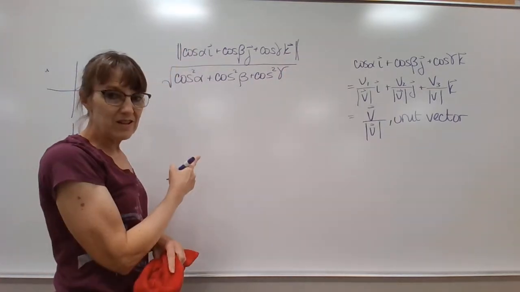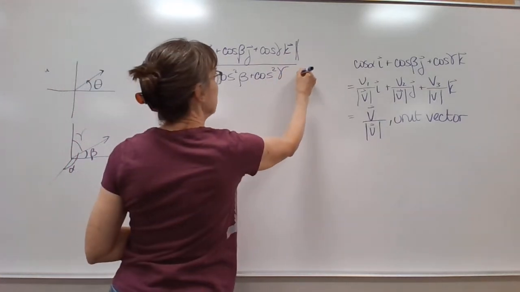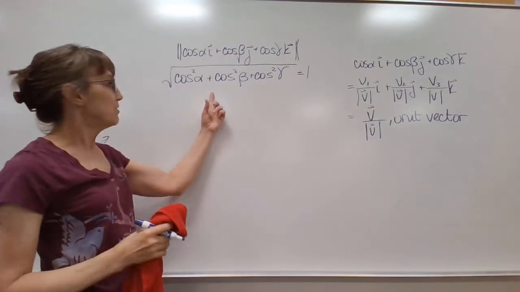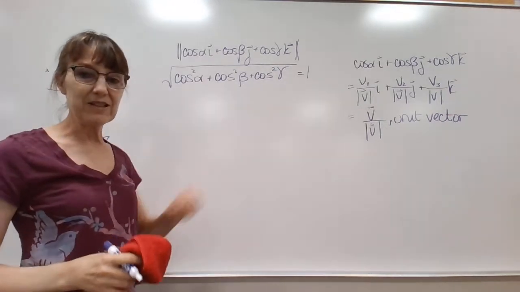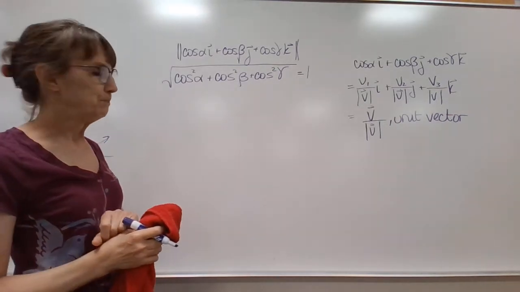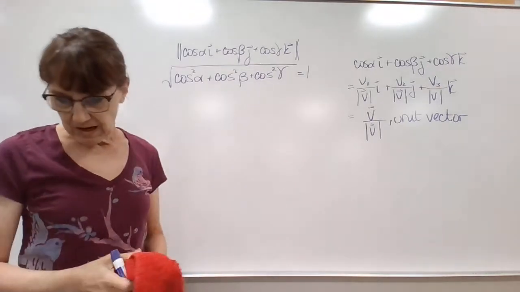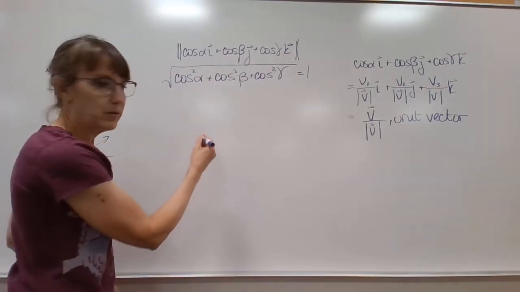The magnitude, it's a unit vector, so its magnitude is 1. That's true for any vector, regardless of what alpha, beta, and gamma are. Let's throw some numbers in there and look at a specific example.